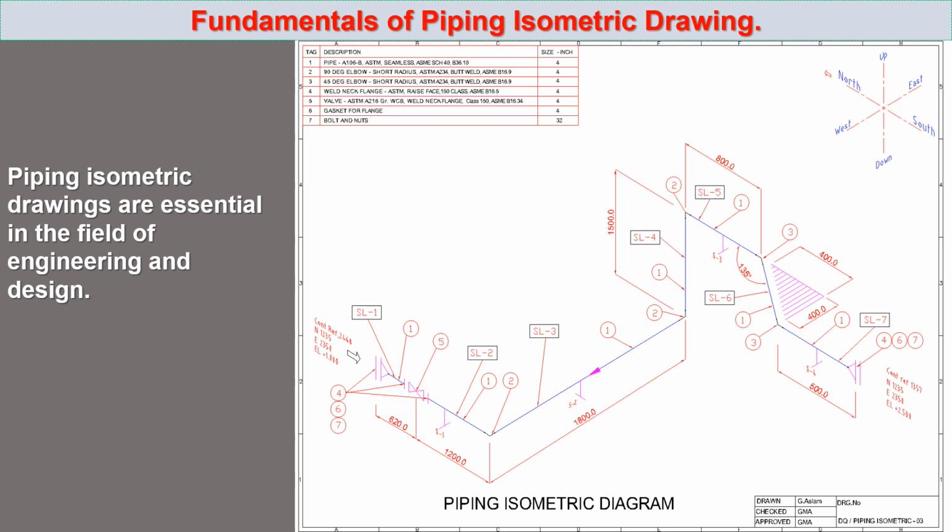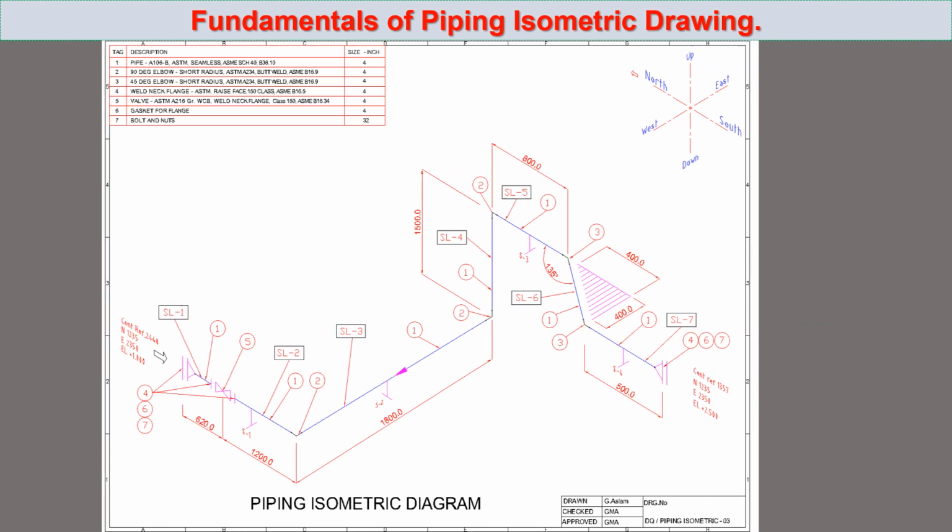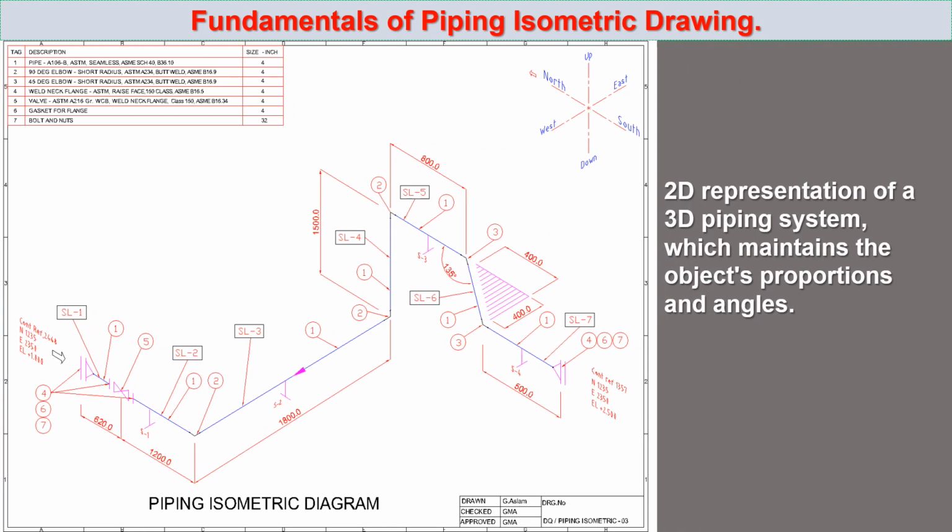Fundamentals of piping isometric drawing. Piping isometric drawings are essential in the field of engineering and design. They give a representation of a 3D piping system, which maintains the object's proportions and angles.